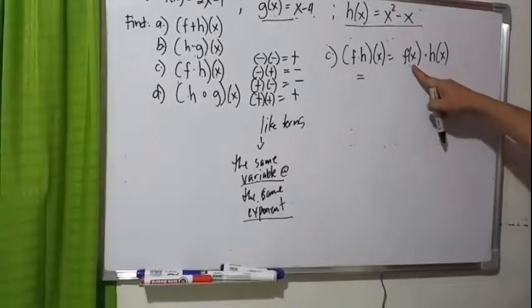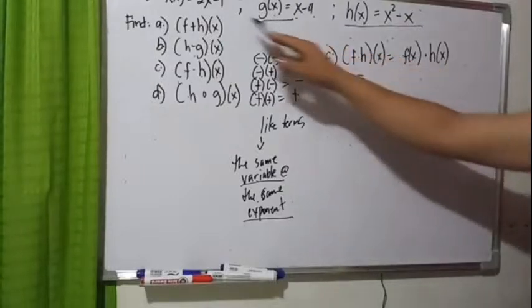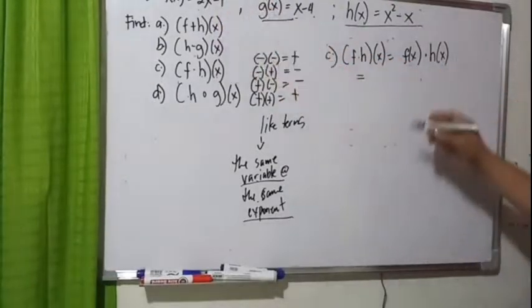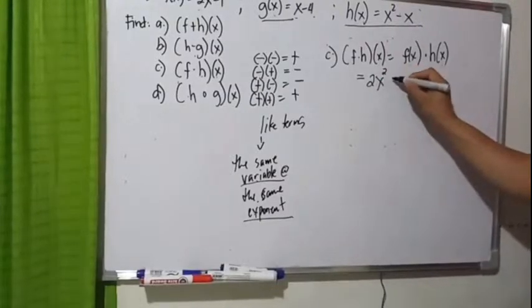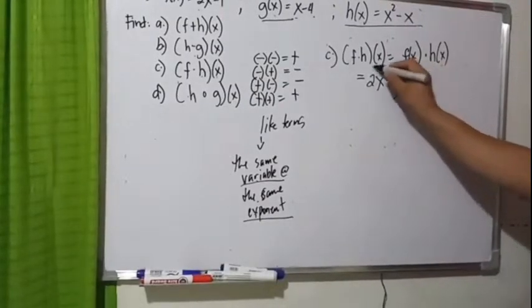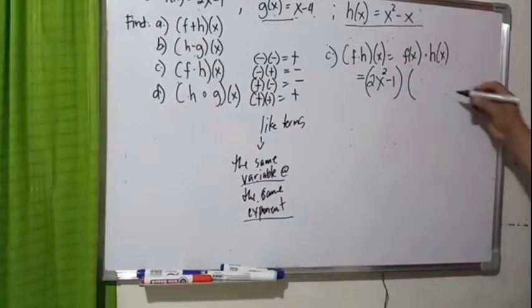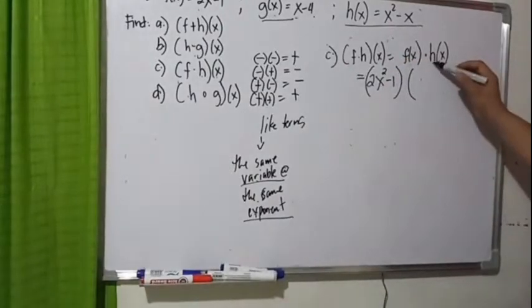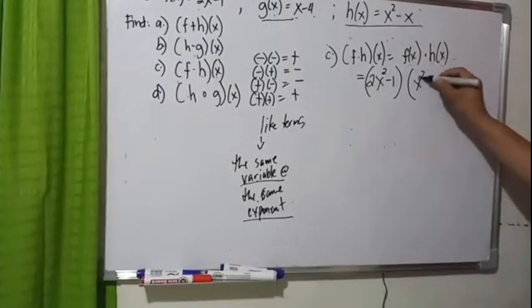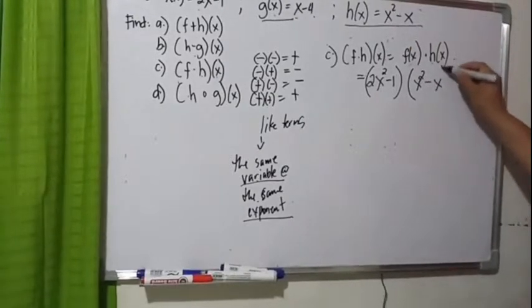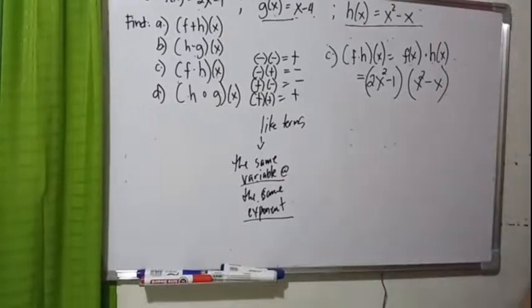So, ano yung value ng f of x natin? So, that is 2x squared minus 1, times, how about h times x? Okay, that is x squared minus x. Okay, product. When you see product, that is multiplication, the result of multiplication.